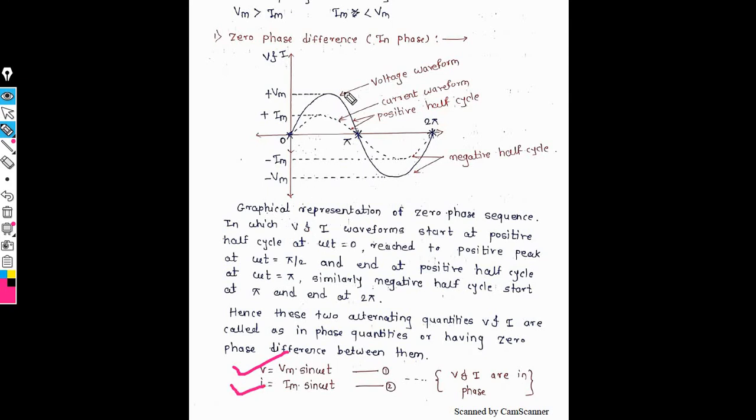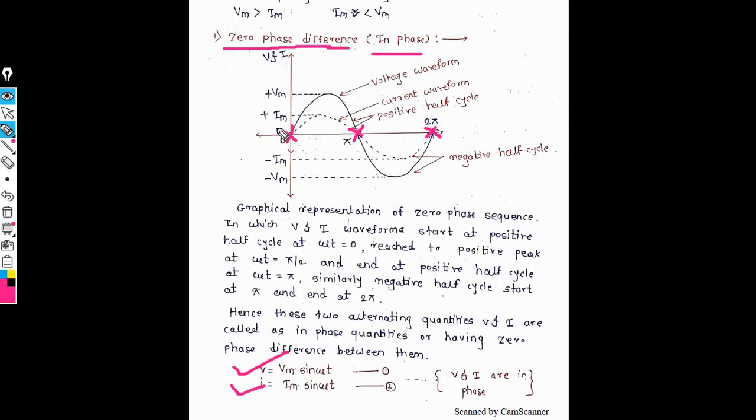That means the two waveforms, voltage and current, are in phase. It is called zero phase difference. Each and every waveform crosses the zero point. This is called zero phase difference, also called in-phase difference between the voltage waveform and current waveform.